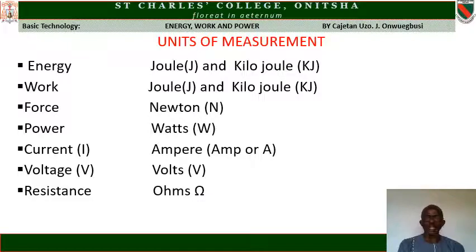Then power is measured in watts and kilowatts. Current I is measured in ampere or amp for short. Voltage is measured in volts. Resistance is measured in ohms. These are the units of measurement which we will make use of in our calculations.